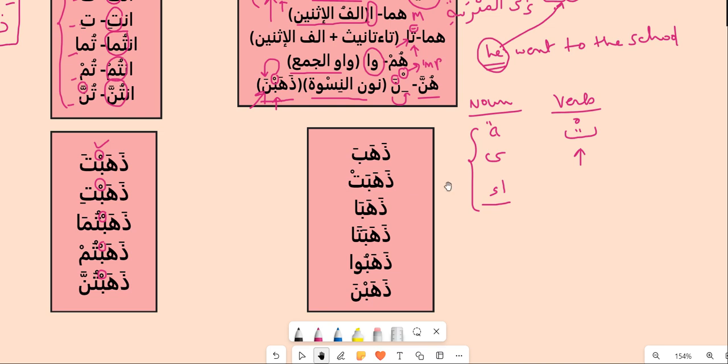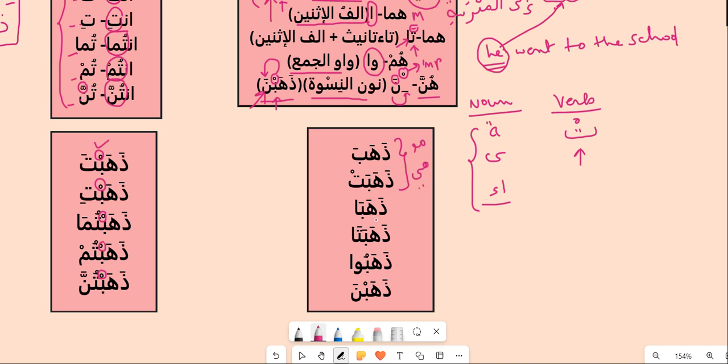As I explained here, the sign of femininity for nouns, and for the verbs, is ta tanis. But where is the damir? The damir is hidden inside the verb dhahabat. What damir is hidden? Hiya. So in past tense ghaibs, we have only two pronouns hidden, huwa and hiya.